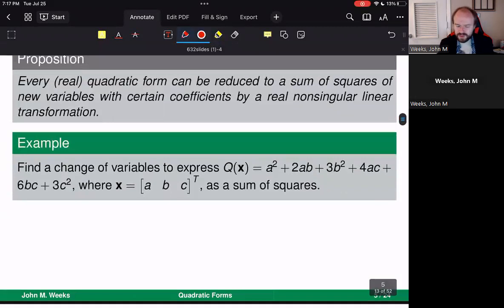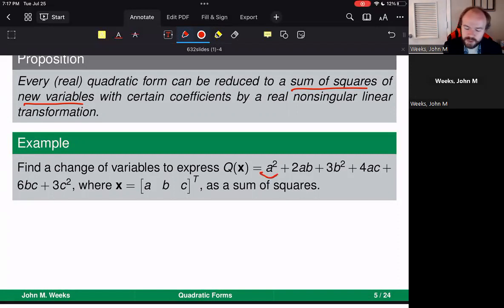So let's see if we can view an example of this one. Let's take a quadratic form and see if we can reduce it to look like a sum of squares. We can use new variables here, do a change of basis, a change of variables. So let's see if we can write q of x equals a squared plus 2ab plus 3b squared plus 4ac plus 6bc plus 3c squared as a sum of squares.